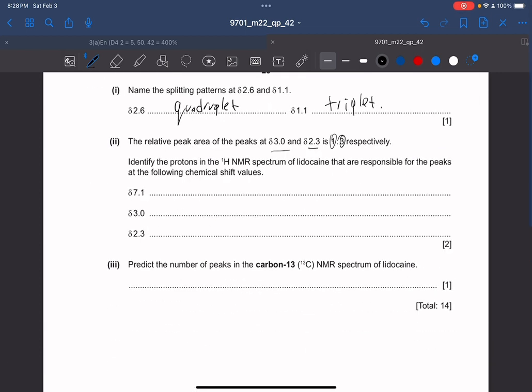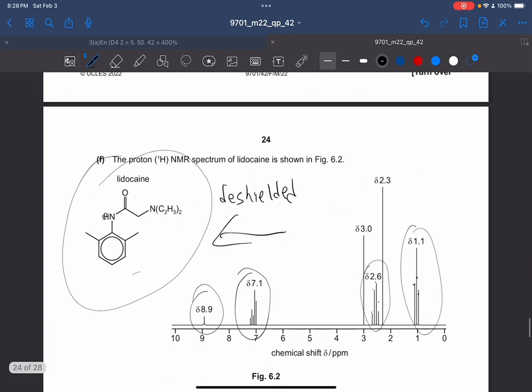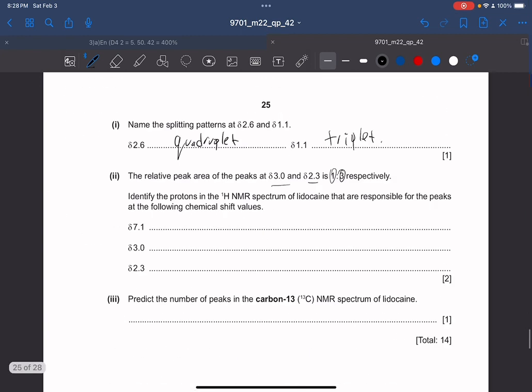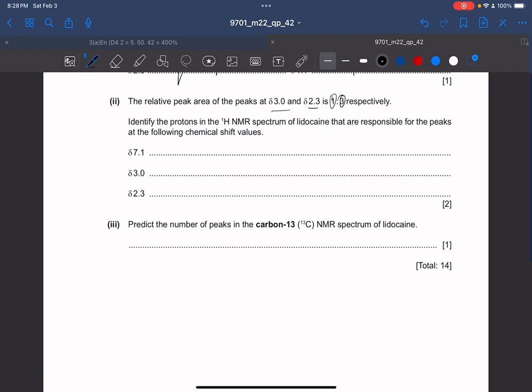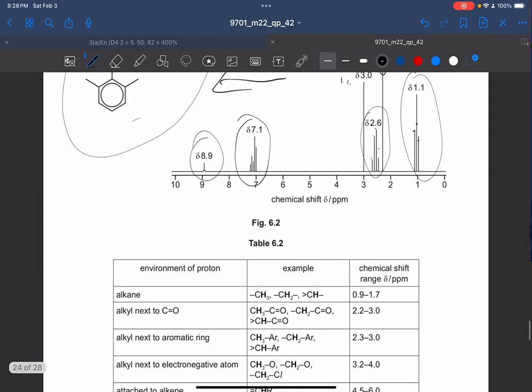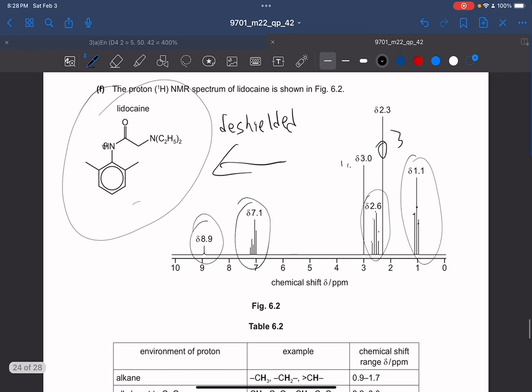So the peaks at 3.0 and 2.3 are 1 to 3. That definitely doesn't look like 1 to 3, but okay. The area shows the number of hydrogens actually. So that must mean the peak at 2.3, which could be that or that, is 3 times the size of that one.